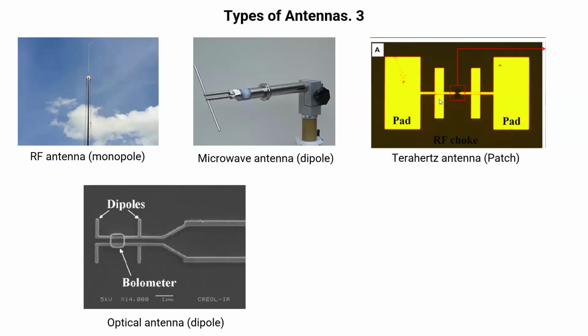And if I go even further, I am entering the optical frequency range, where the characteristic size of the antenna becomes comparable to or smaller than 1 micrometer. This device, fabricated at CREOL at the University of Central Florida, includes dipole antennas, and the size of this dipole antenna is comparable to 1 micrometer. This device works in the infrared frequency range.